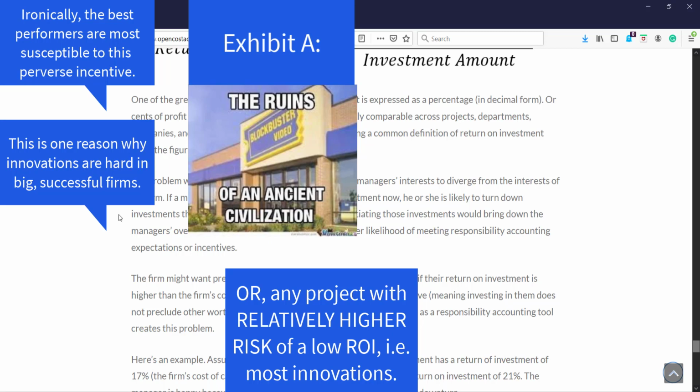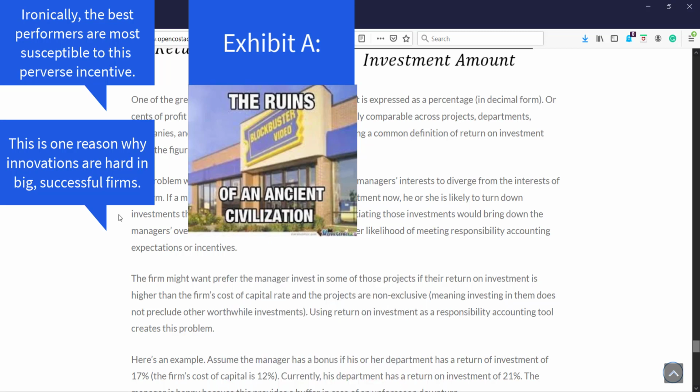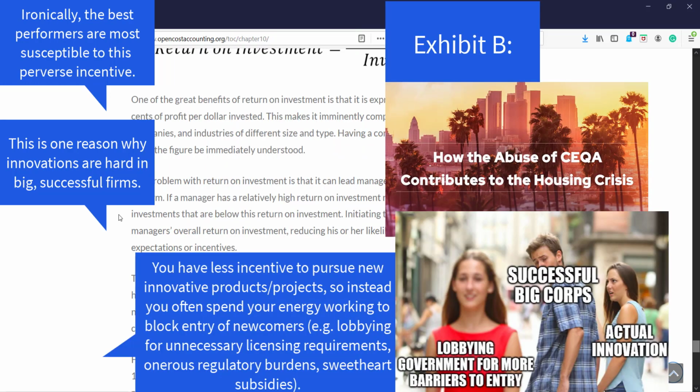Now, the company might want every project that is above a certain ROI to be invested in, if at all possible. But you get this donut hole where it's a project that is below the manager's current department ROI, but above what the firm would prefer, and those projects often get turned down by the manager, or at least the manager is incentivized to turn them down, because they would dilute the manager's ROI. They'd reduce it.